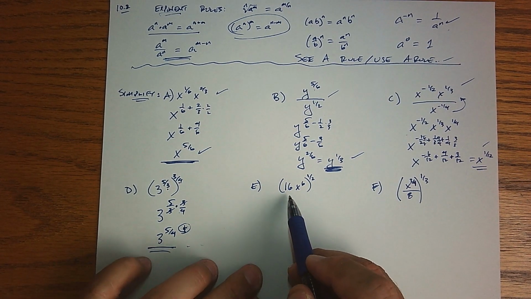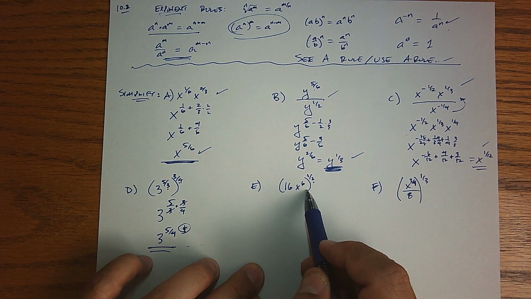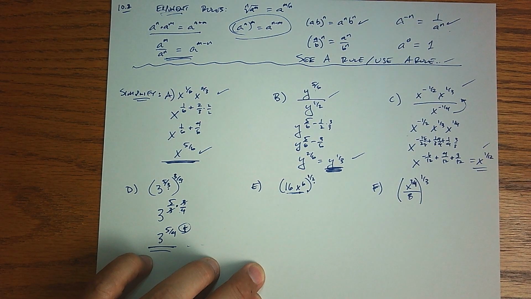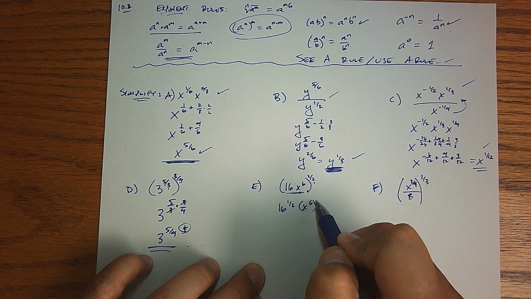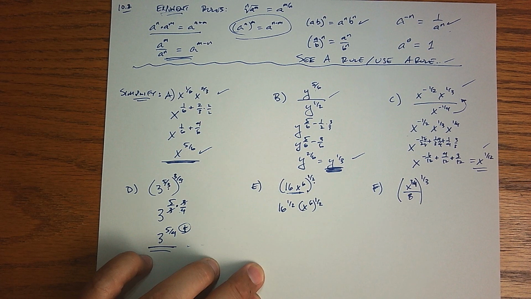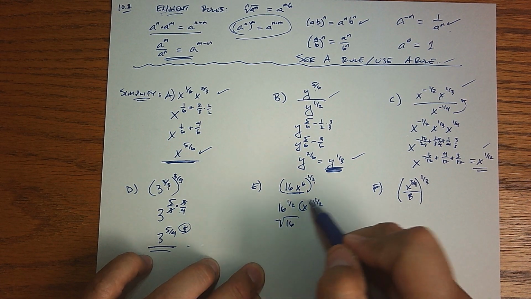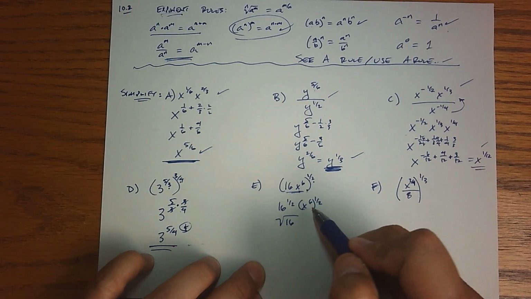The next one, we have parentheses, and the 1/2 is being applied to the parentheses, and I also have a product. So I basically have my power of product rule. So everybody is going to be raised to the 1/2 power. The 16 is going to be raised to the 1/2 power, and x to the 6 will be raised to that 1/2 power. This is just a fancy way of saying the square root of 16, and this is basically that guy again, my power of a power, 6/1.